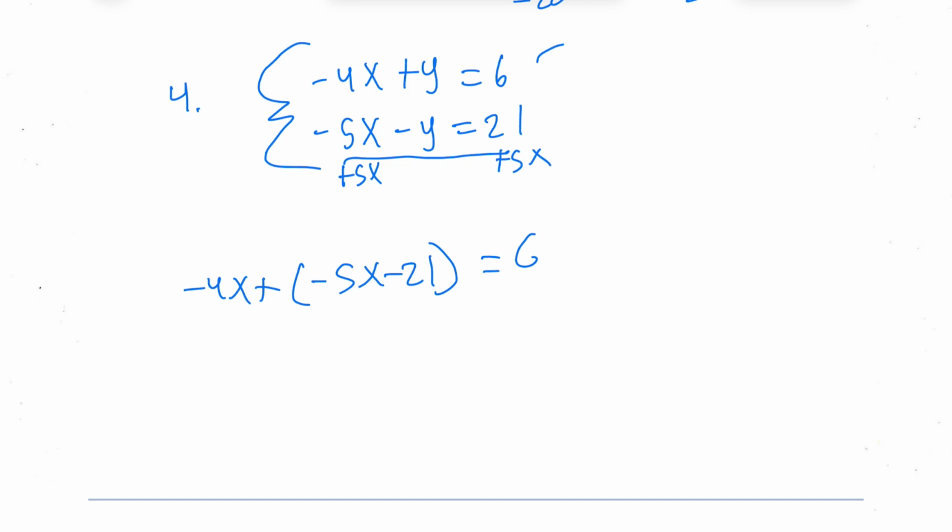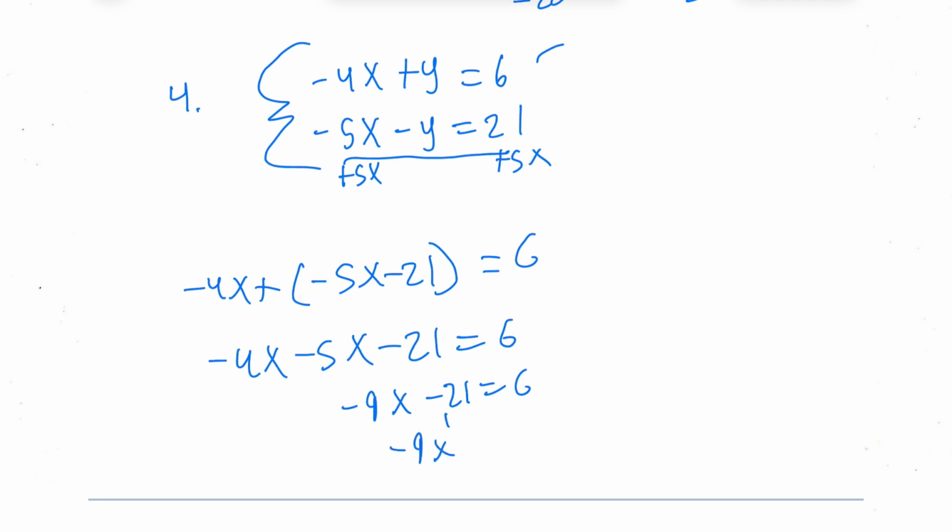So now we have negative 4x minus 5x minus 21 equals 6. Negative 9x minus 21 equals 6. If we add 21 to both sides, we'll get that negative 9x is equal to positive 27. Now if we divide both sides by negative 9, we'll get that x is equal to negative 3.